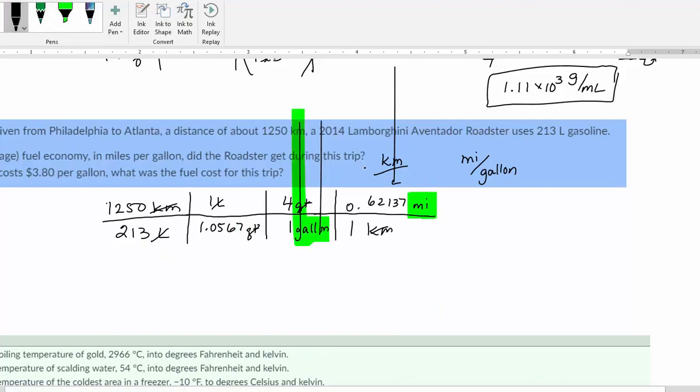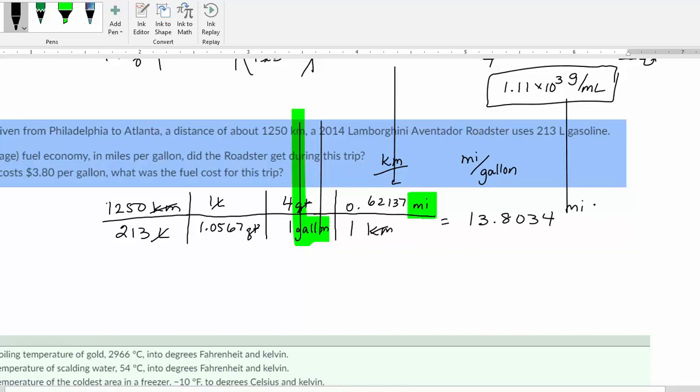I'm going to take 1,250, multiply it by 4, multiply that by 0.62137. Then I'm going to divide that number by the product of 213 and 1.0567. So I get an answer of 13.8034, and it continues on, and that is miles per gallon.